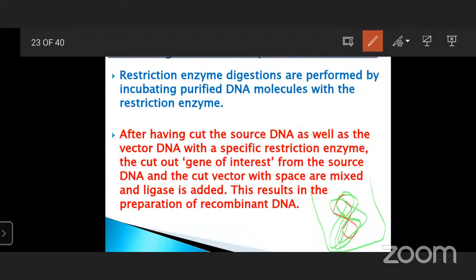Restriction enzyme is added to this DNA molecule, and this restriction enzyme cuts the DNA at a specific unique point. This process is called restriction enzyme digestion.